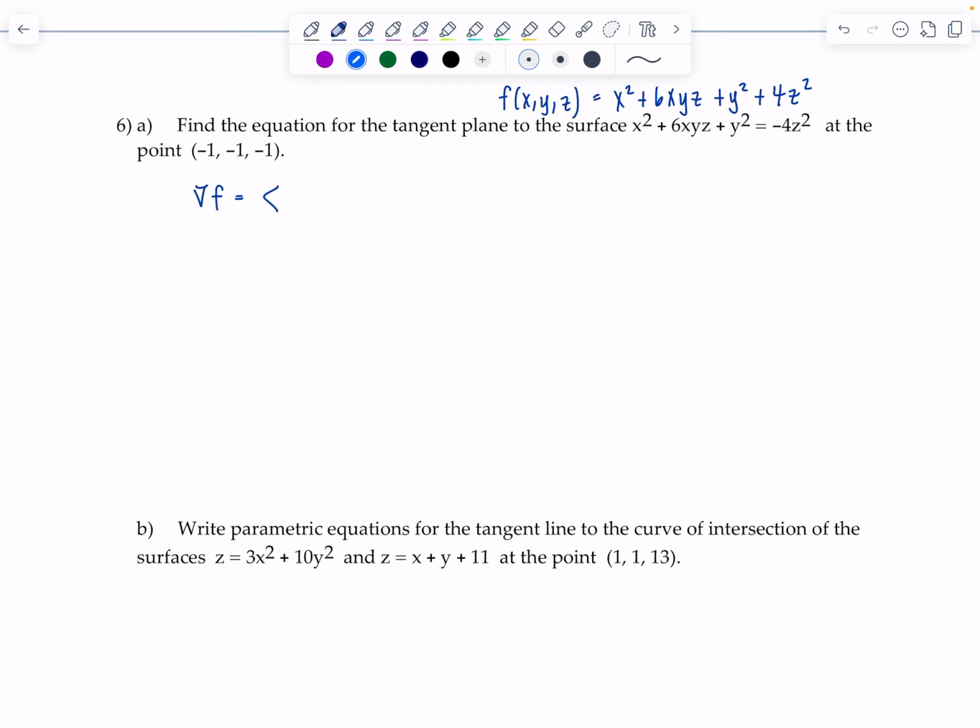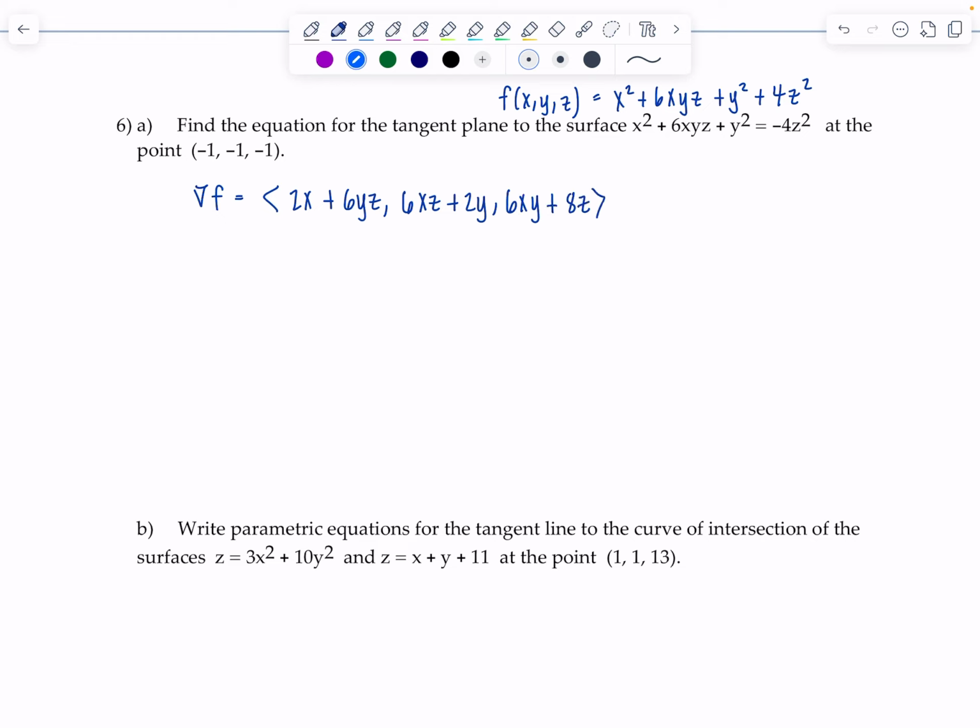So the gradient of f, a relaxing polynomial, not like that last problem with the tan inverse. 2x plus 6yz, everybody else is constant, so their derivative is 0. Now the partial with respect to y, 6xz plus 2y, and then the partial with respect to z, 6xy plus 8z.